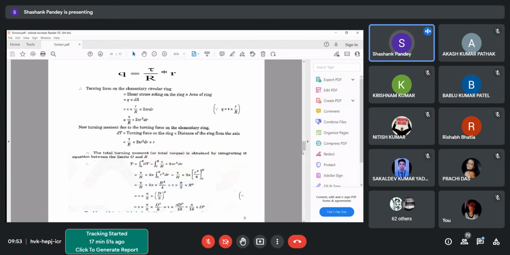In order to convert a stress into a force, we need to multiply with some area. Since we have assumed an elementary ring having area 2 pi r into dr, we multiply this shear stress with the corresponding area, and this is a turning moment of small magnitude, that is dT, and the value of dT is equal to tau upon R into 2 pi r into dr into r.